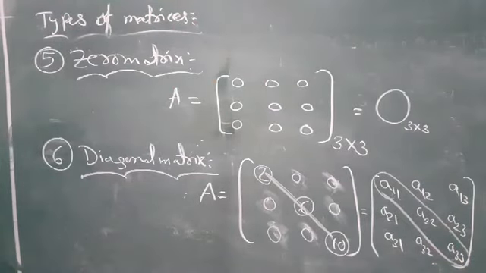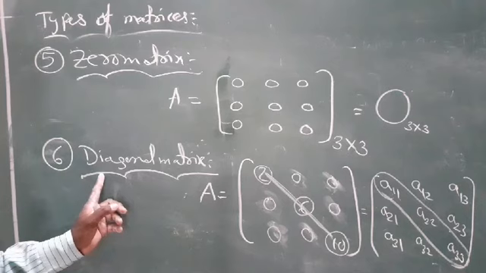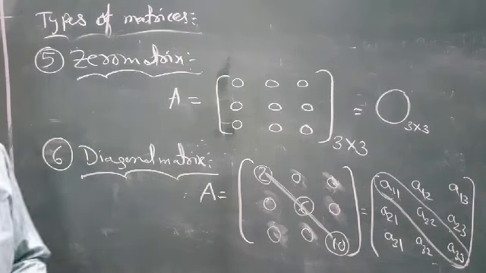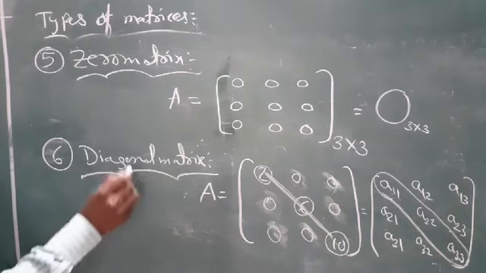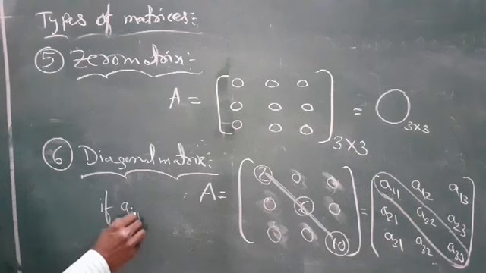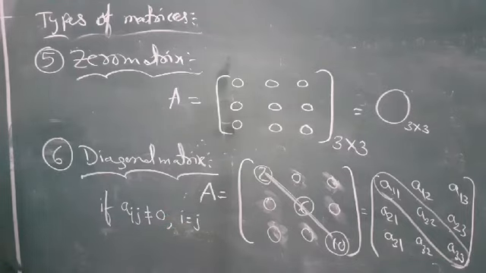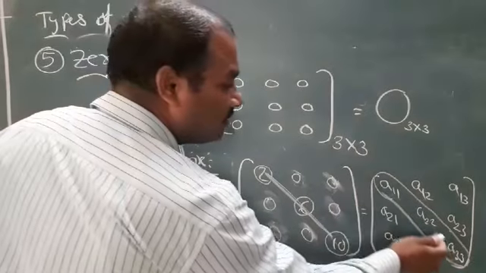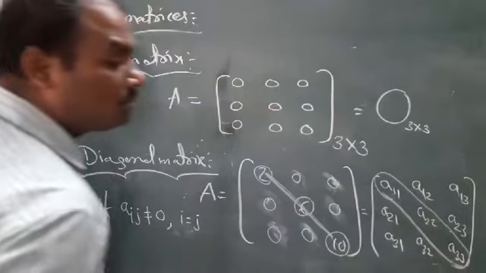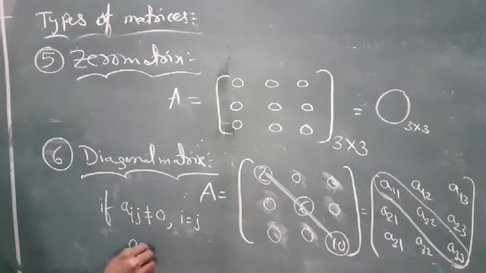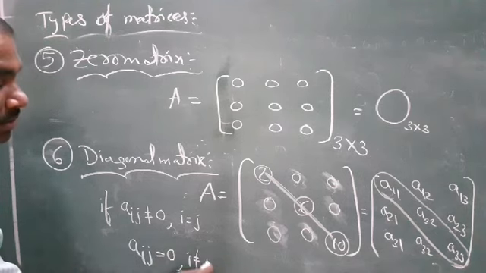So a square matrix is said to be a diagonal matrix if a_ij is not equal to 0 when i equals j, and a_ij is equal to 0 when i is not equal to j.